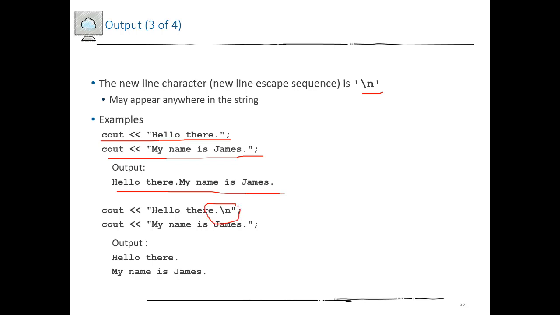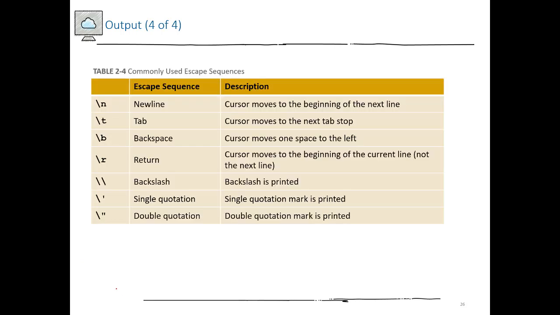But if you put a newline escape sequence in there, the output is in two lines. That's easy. These are some of the escape sequences: newline, tab, backspace, return, backslash, single quote, and double quote. You have backslashes, and then the abbreviated escape sequences.